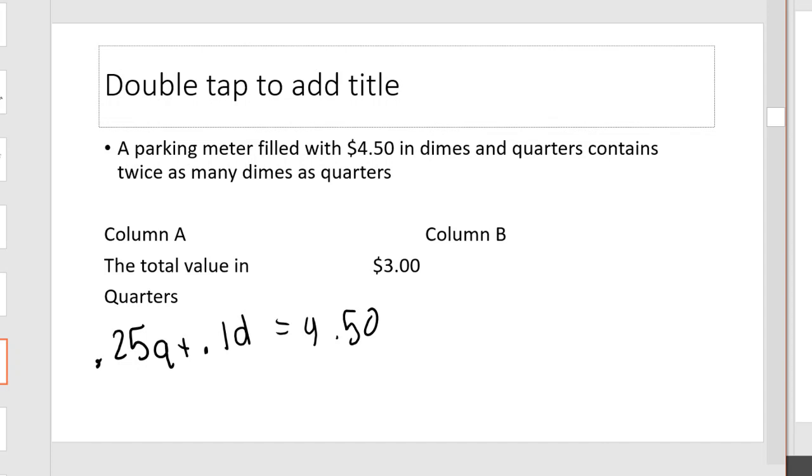So we know that there are twice as many dimes as there are quarters. So what we're really going to have is Q equaling 2D.